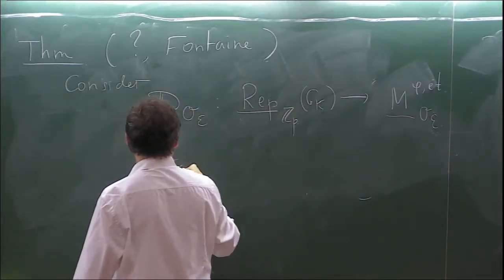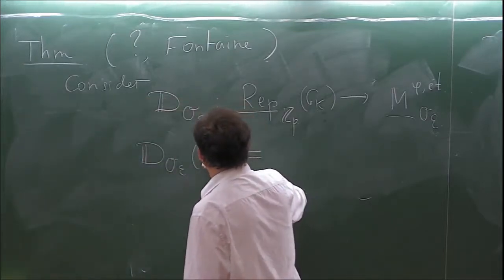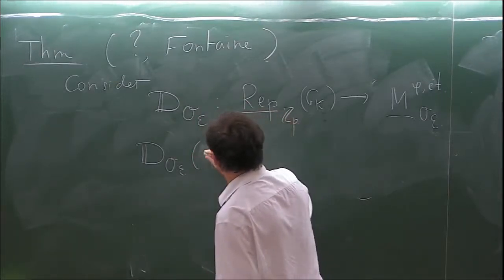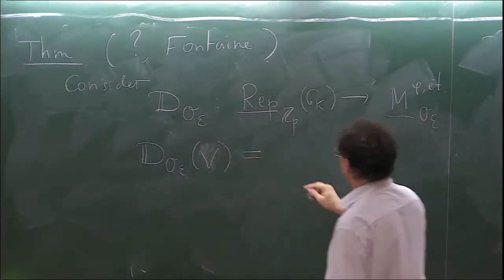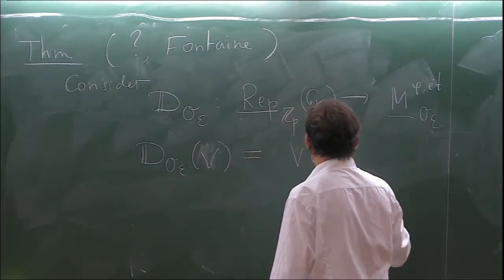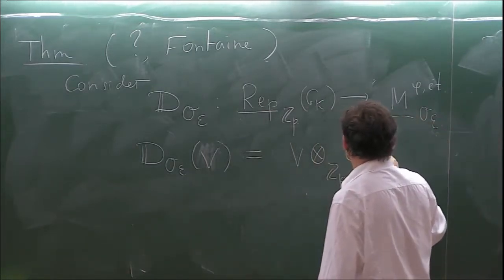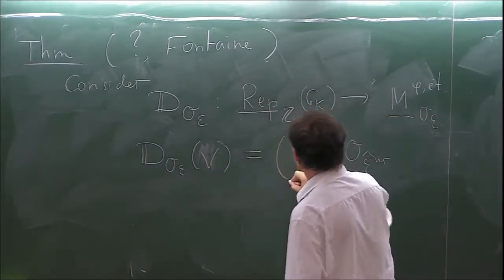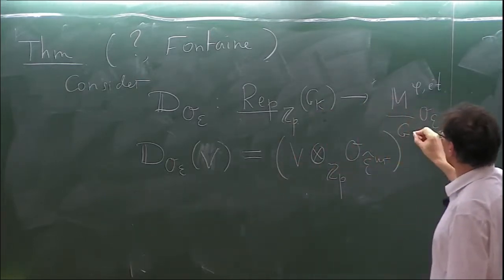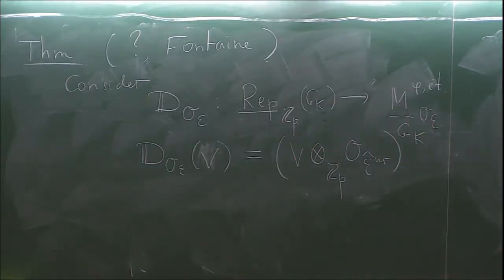So we start with a p-adic representation, say T, or okay, V. We take its tensor product over Z_p with O_E unramified hat, and we take the Galois invariants of the tensor product.